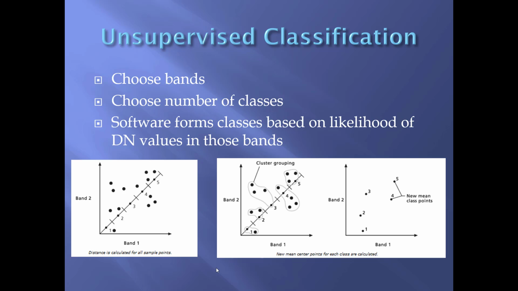To go back to the first image on the left, if there was no difference in band 1 and band 2, you would have that straight line of the 5 classes. In the real world, there actually are differences, and so that's why you see the different dots representing digital number values. And then we get the clusters, which are represented by the gray lines around those groupings, and finally, the new mean class points.